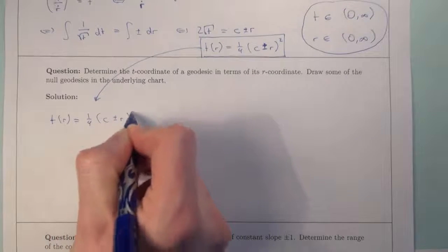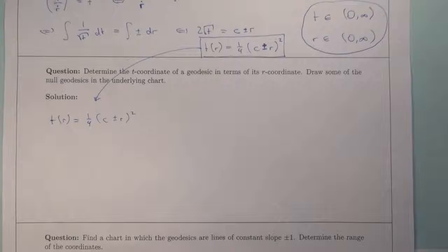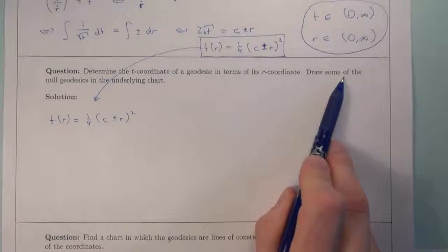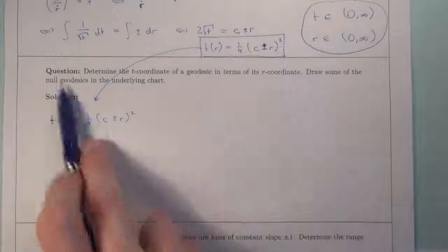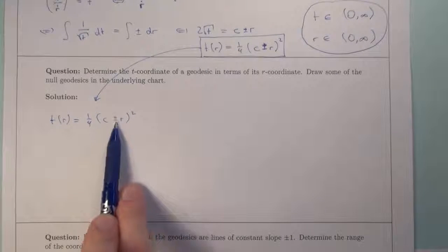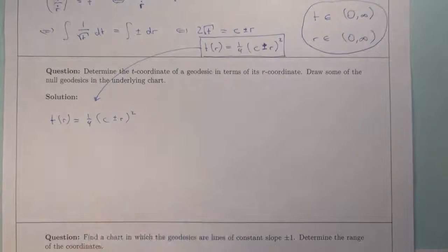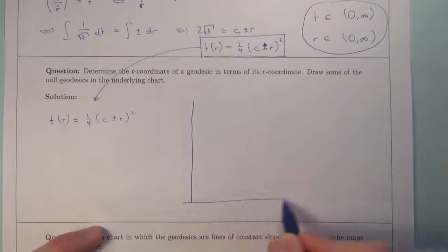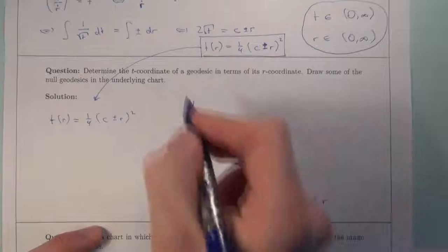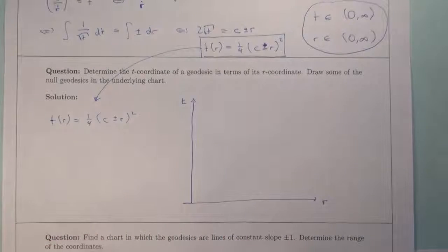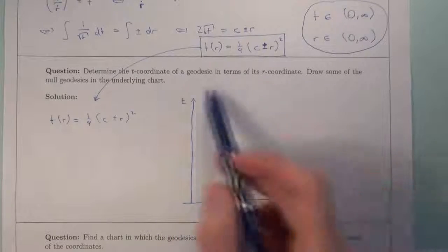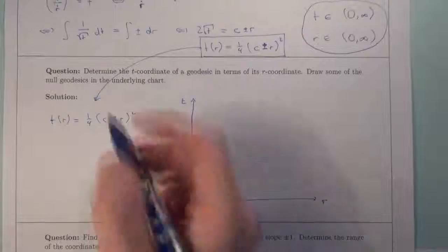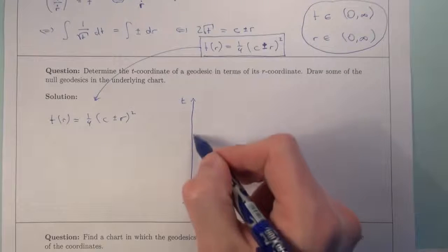Now we can draw a diagram in which we put some of the geodesics, and by some we mean we take the plus, we take the minus, and we shift by the c. So we have the r here, t is normally on the y-axis, and now we need to draw many parabolas.